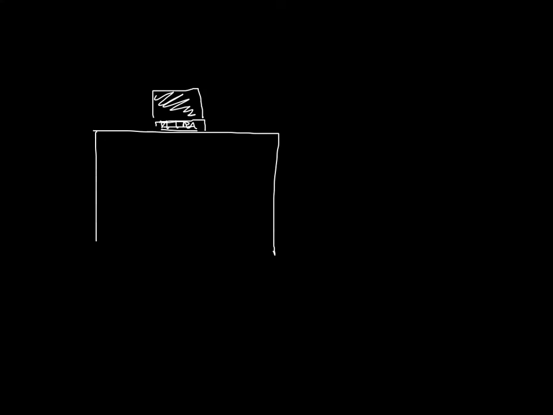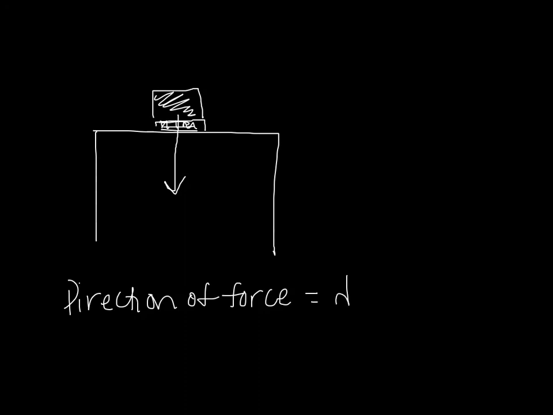This computer, I'm going to diagram its weight with an arrow. So what I do is I draw the arrow from its center of mass, so about the center of the object, and I draw it in the direction of the force. And the direction of the force is equal to the direction of the acceleration.